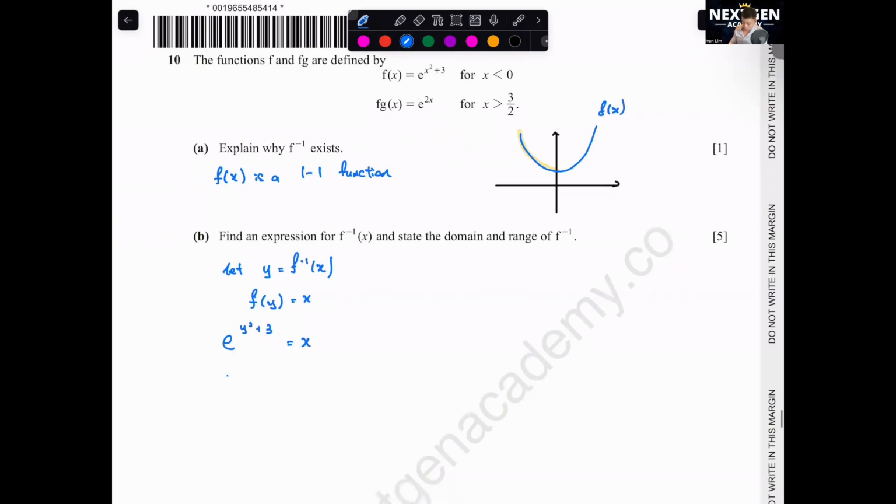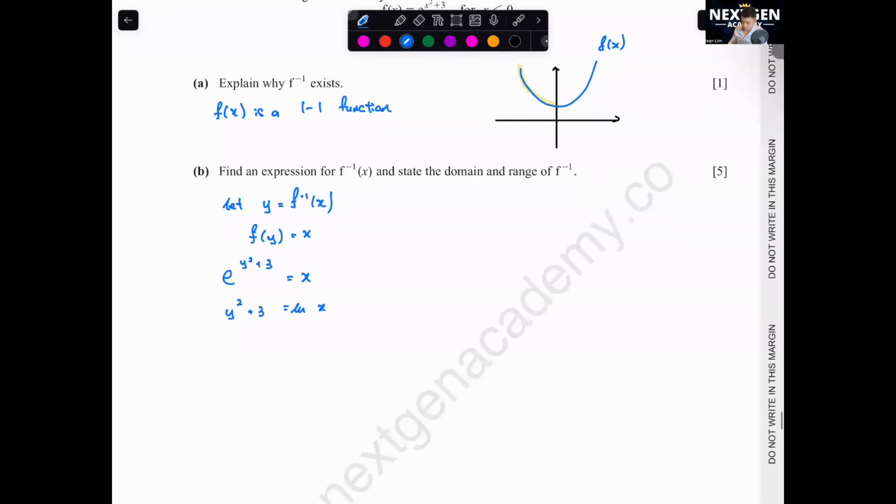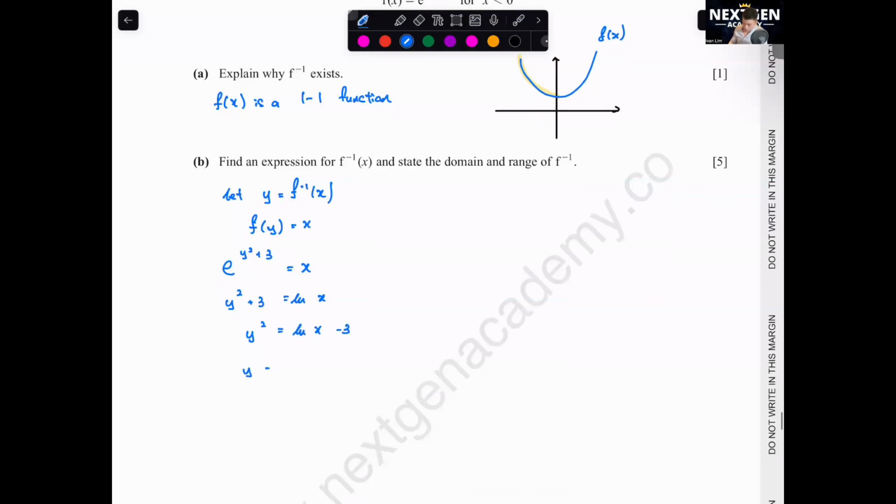Let's solve for this. y squared plus 3 equals ln x. Then y squared equals ln x minus 3. y is equal to plus minus square root of ln x minus 3.